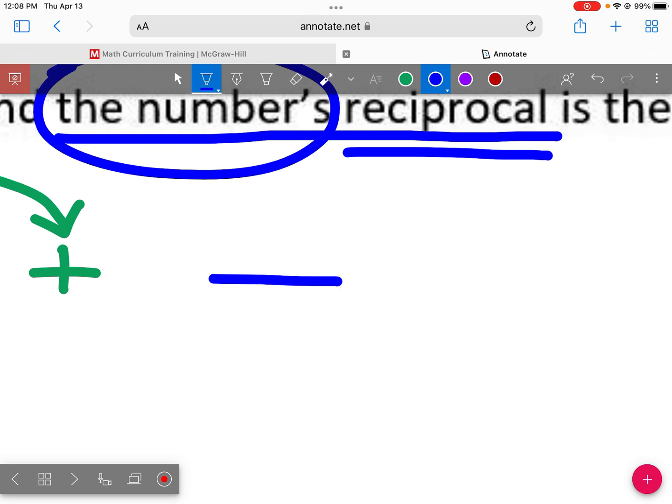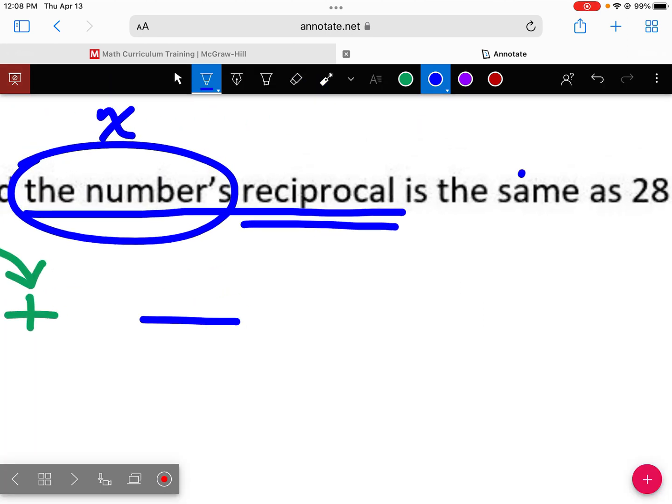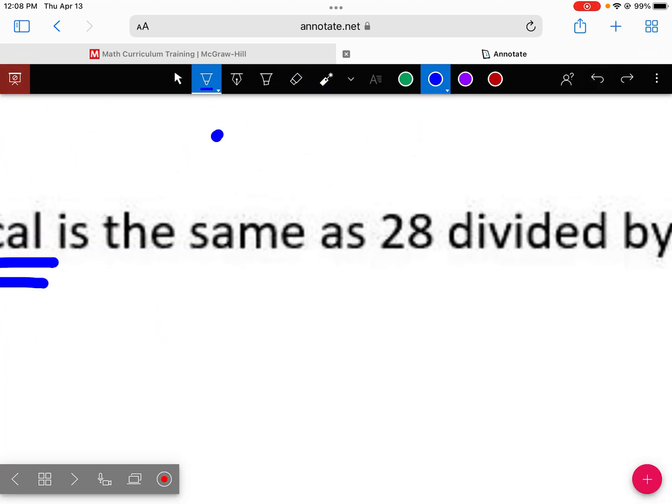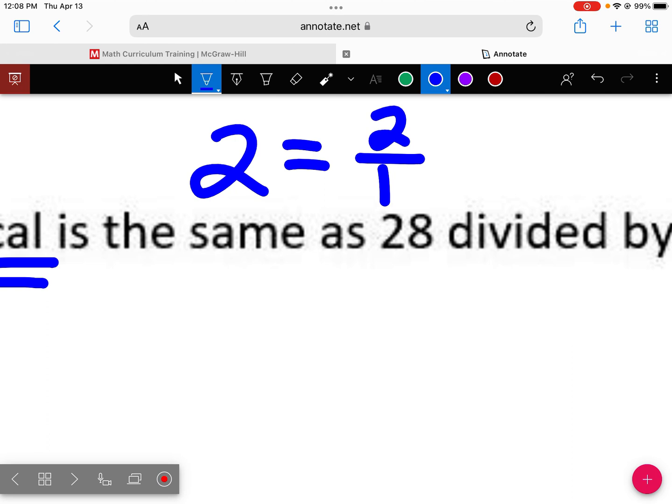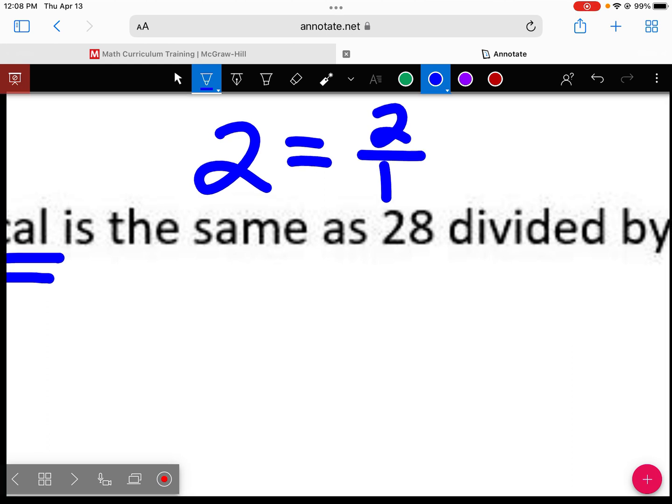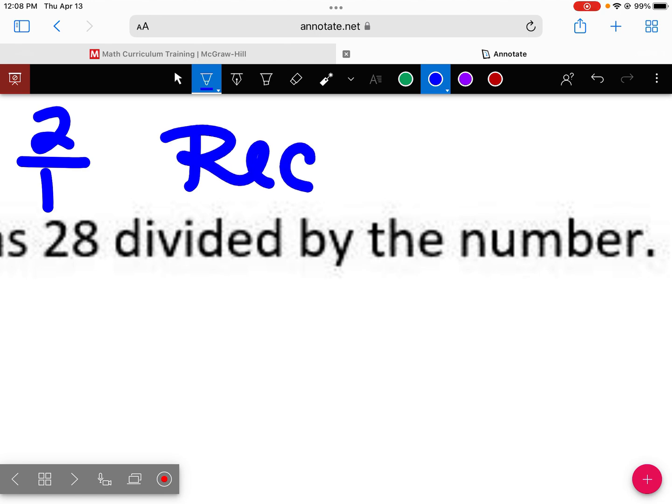Not just x, I need the reciprocal of x. Not 3 over x. How do I take a whole number, like 2, and turn it into a fraction? 2 over 1. If I flip that over, what does it become? 1 over 2. So 1 over x.